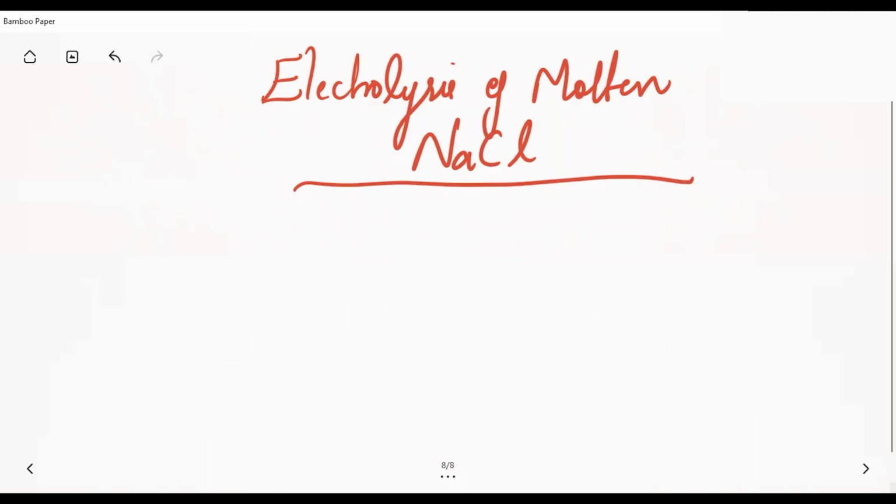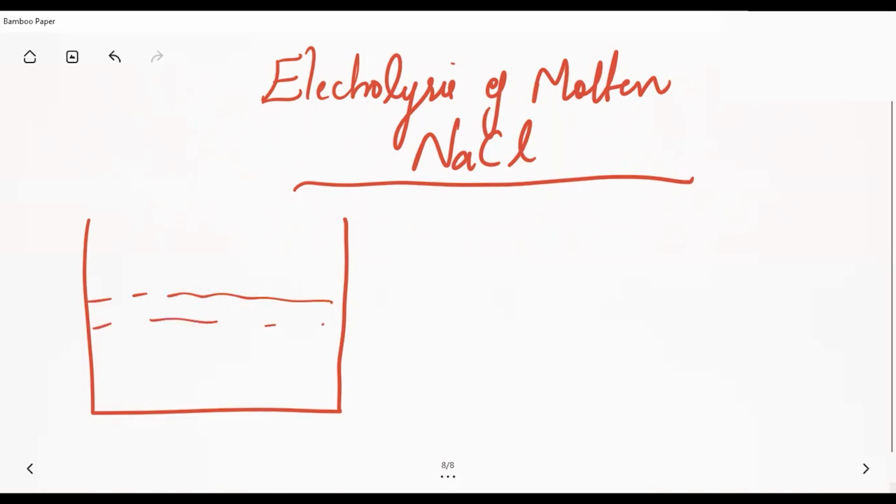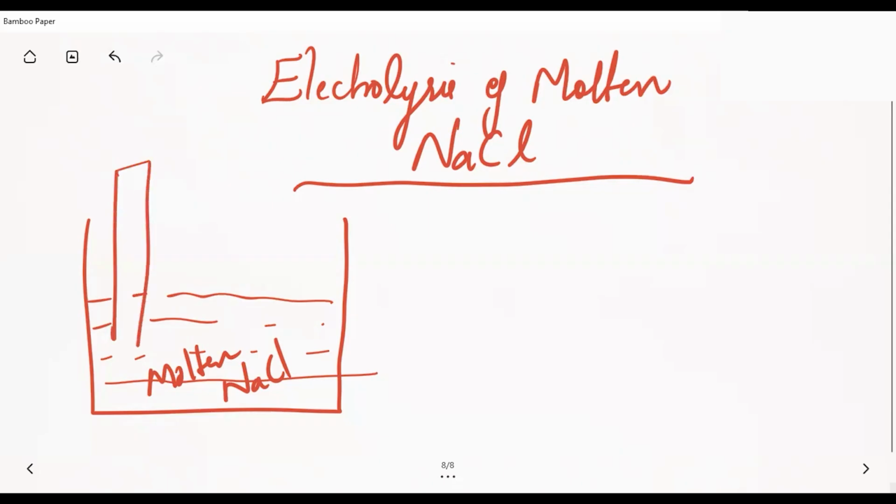We have taken a beaker with molten NaCl, and we have to dip two electrodes, anode and cathode, in the same beaker.